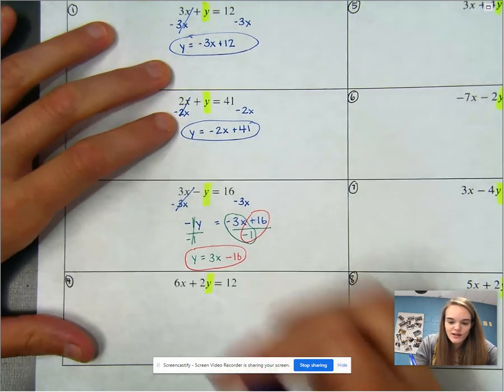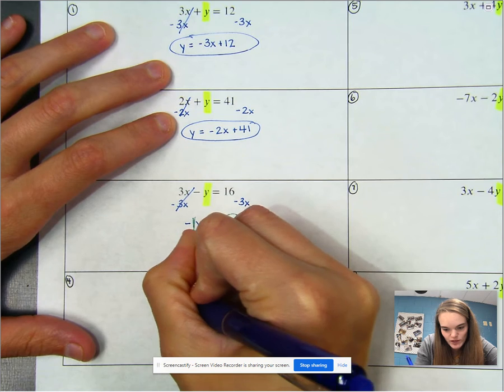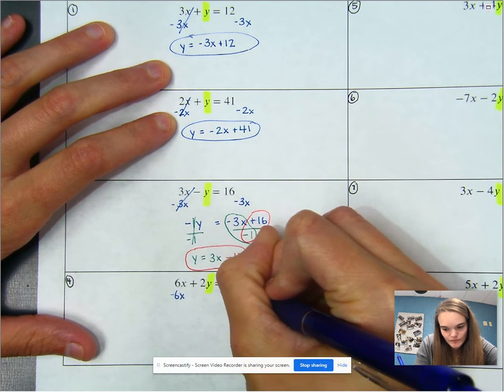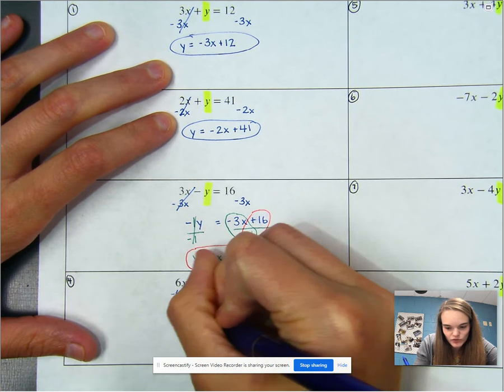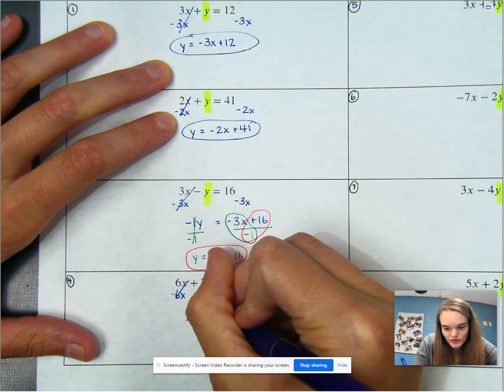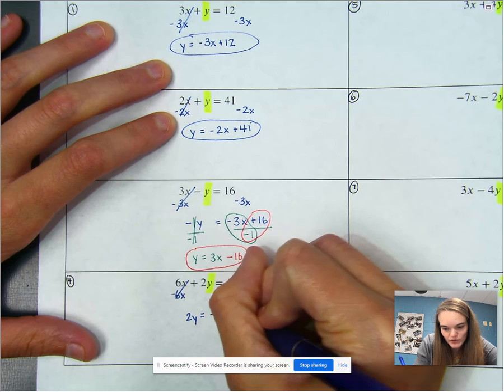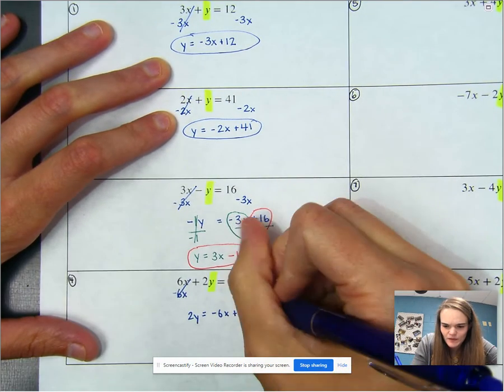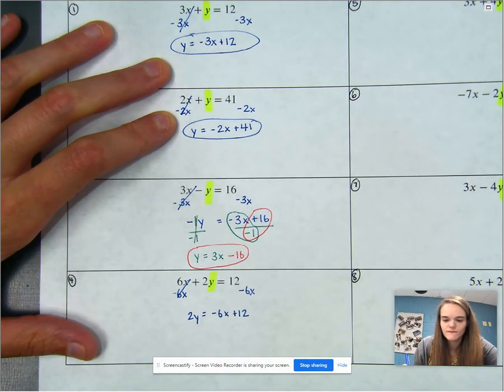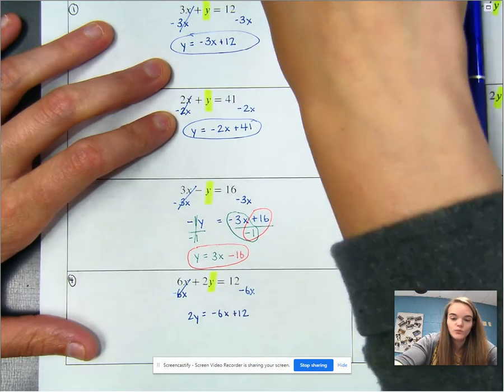Okay? Subtract 6x. Always move the x. 2y equals negative 6x plus 12. And I really smudged that. Okay. Now, divide by 2.